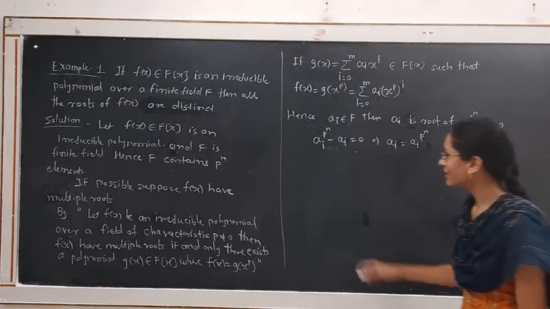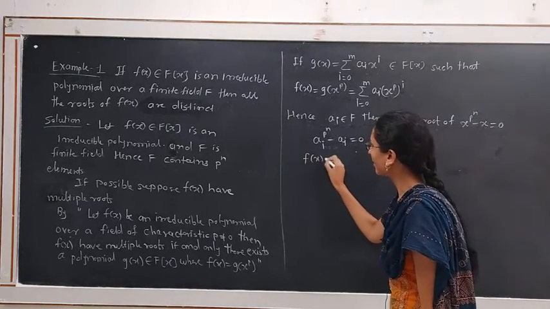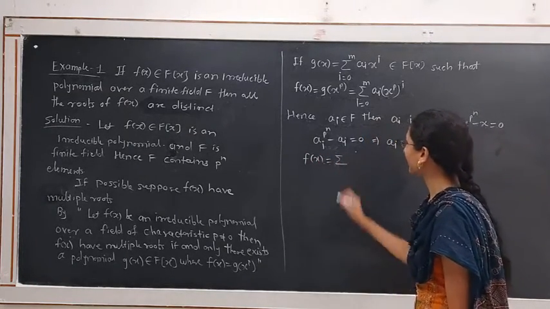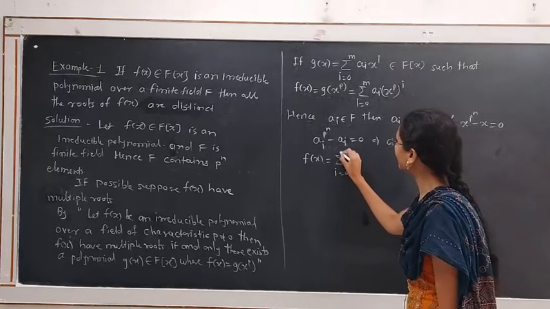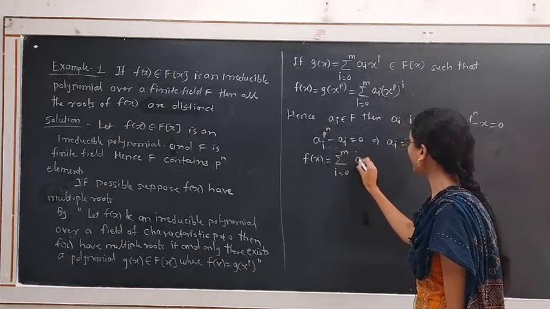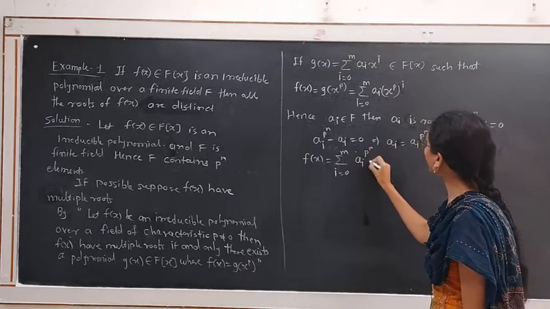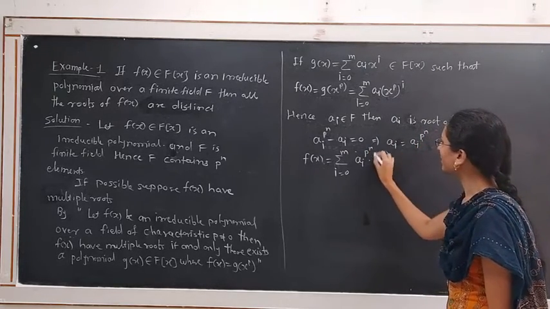Then what is the value of f(x)? f(x) is summation i equal to 0 to m, ai, which is nothing but ai^(p^n), into x^(p i).